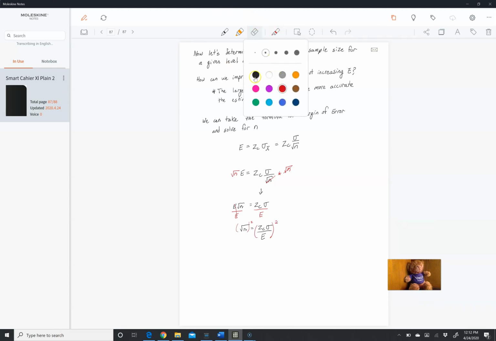So now we have what n is equal to: z sub c sigma over e, squared.